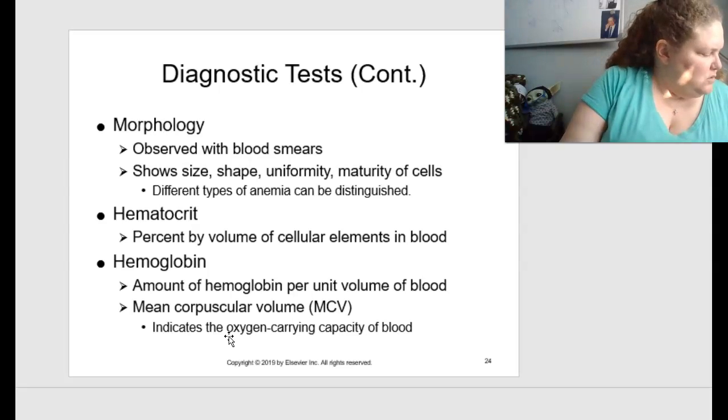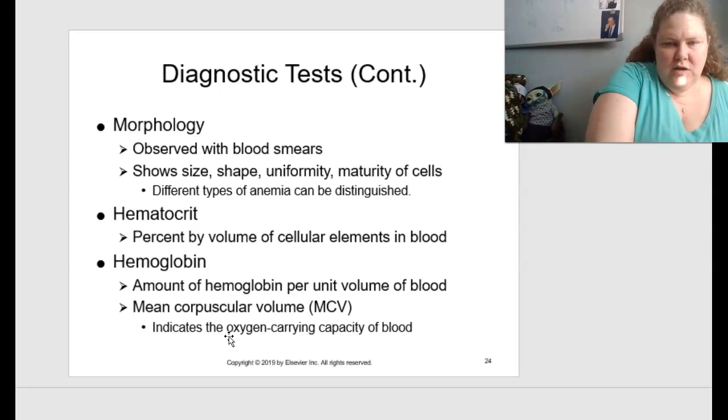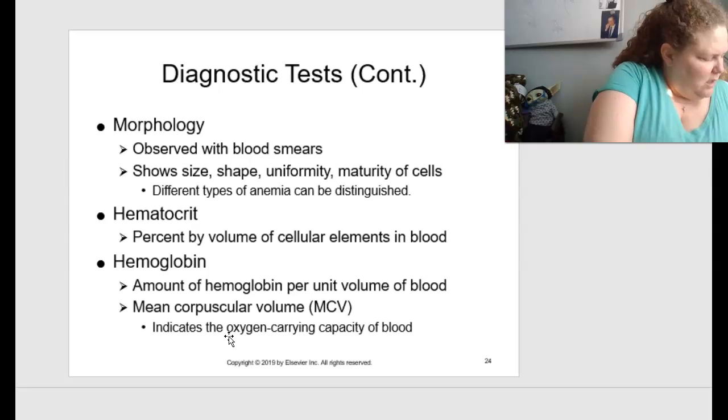You can also do hematocrit, and the hematocrit is going to be showing the percent of volume of cellular elements in the blood. For instance, a low red blood cell count may be an indicator of anemia.